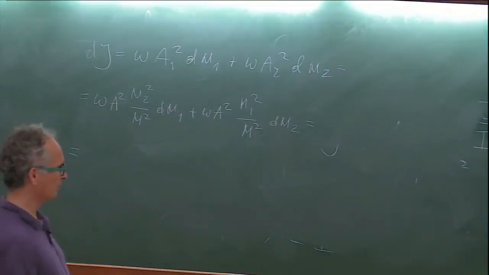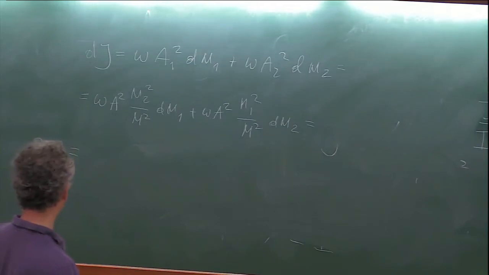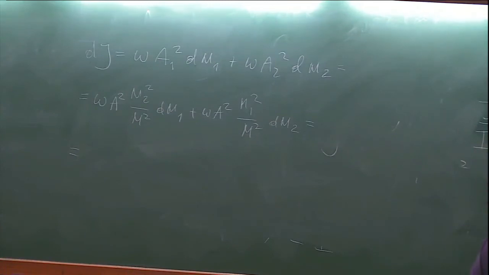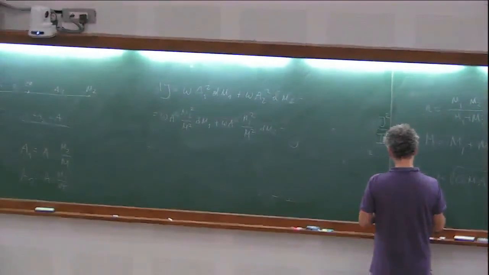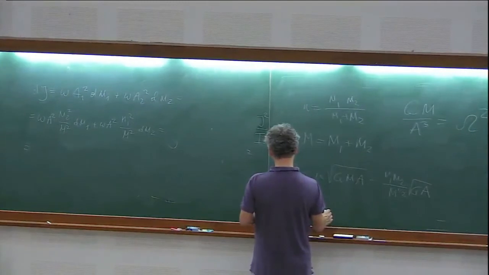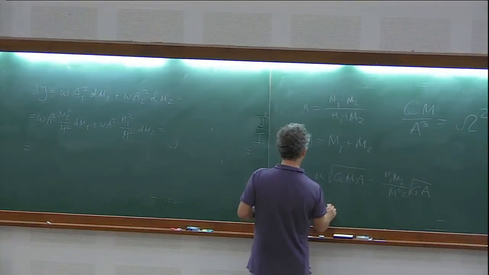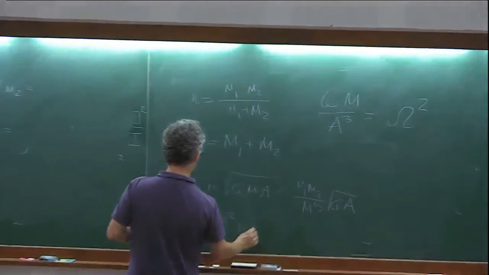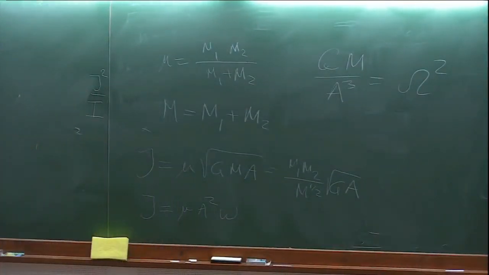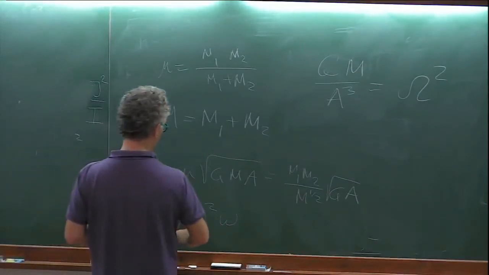And now we know that, did I write it anywhere? Another way of writing the angular momentum would be J equals mu A squared omega, so A squared omega is J over mu.